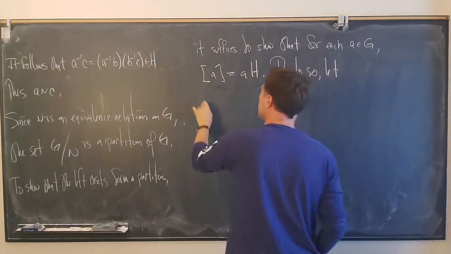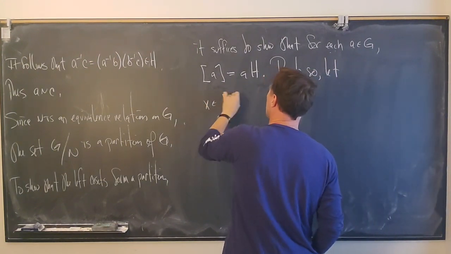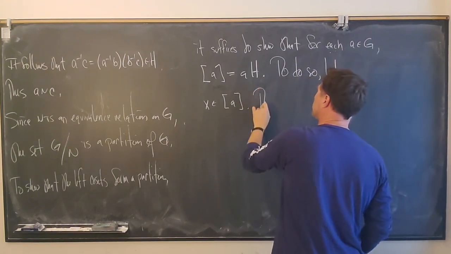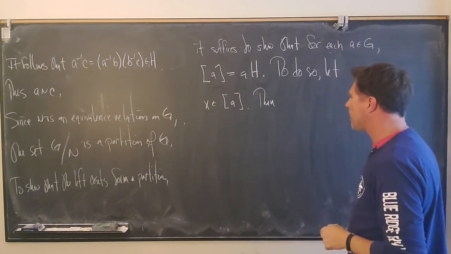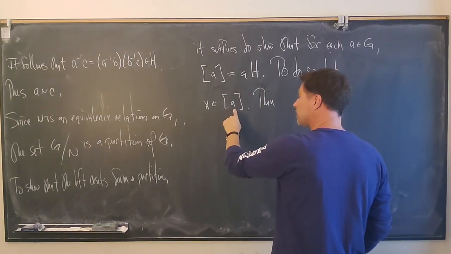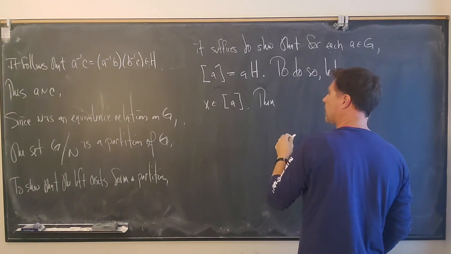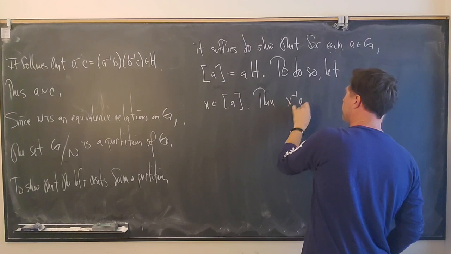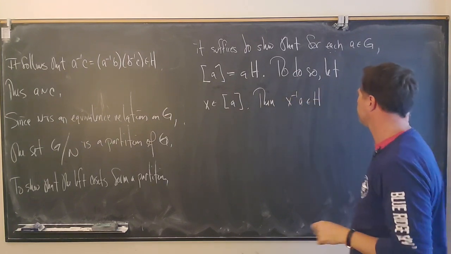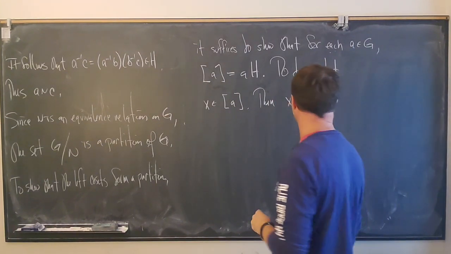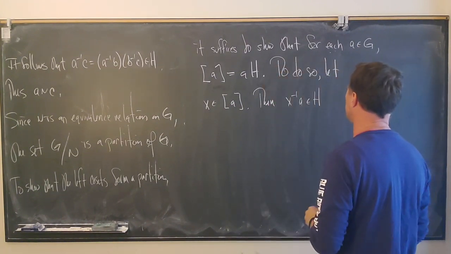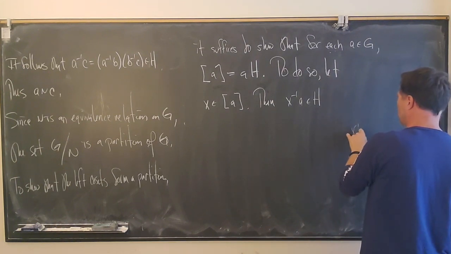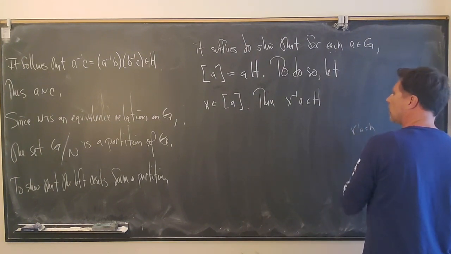let X be an element of the equivalence class of A. So what does that mean? That means that X tilde A, and so X inverse A is an element of H. Is that the way I want to write it? Let me just check something here.